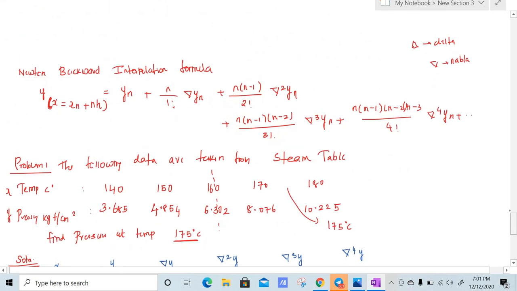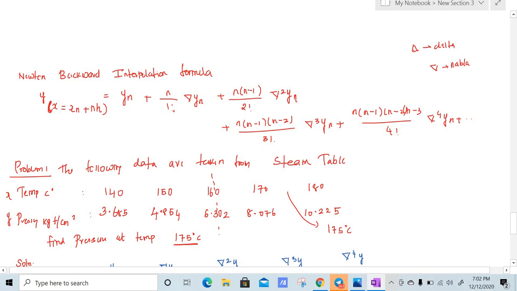The formula is plus here: n into n plus 1, n plus 2, n plus 3. Sorry, extremely sorry. In forward you will have everything as minus. In the backward you will have n plus 1, everything is plus.